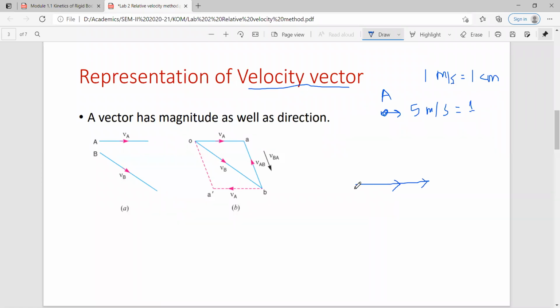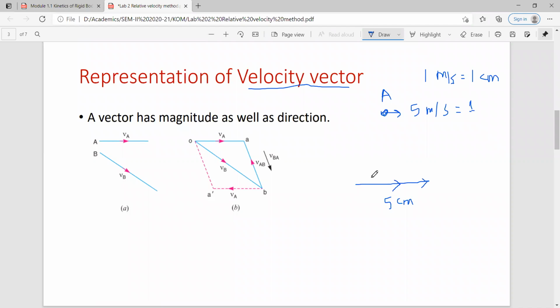So I will draw this line equal to 5 centimeter. Got it? So you can see I have drawn the vector for velocity of point A.